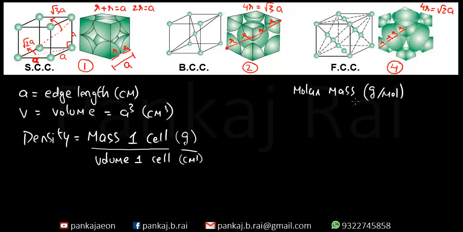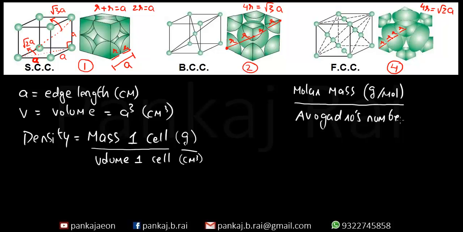That is, if I take 1 mole of that element, what would be its mass in terms of gram? So you would be given the molar mass of the element in gram per mole. Now we have the molar mass, so that is the mass of 1 mole of atoms. But I am interested in finding the mass of one atom. So actually I have to divide the molar mass by the number of atoms in 1 mole, which is equal to Avogadro's number.